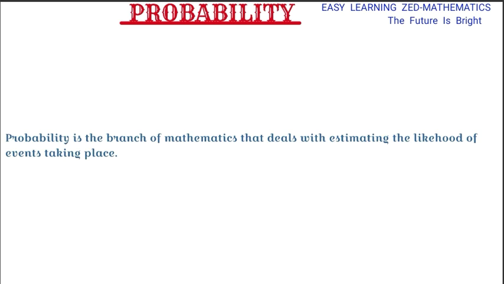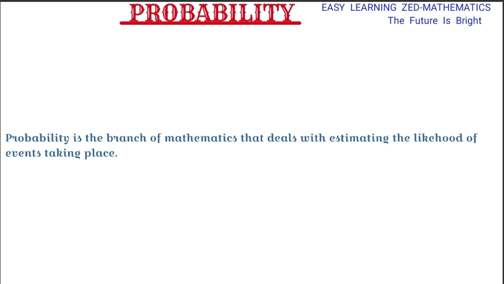Probability is the branch of mathematics that deals with estimating the likelihood of events taking place. So this is the branch of mathematics where we predict what will happen depending on the previous results and how the situation looks.